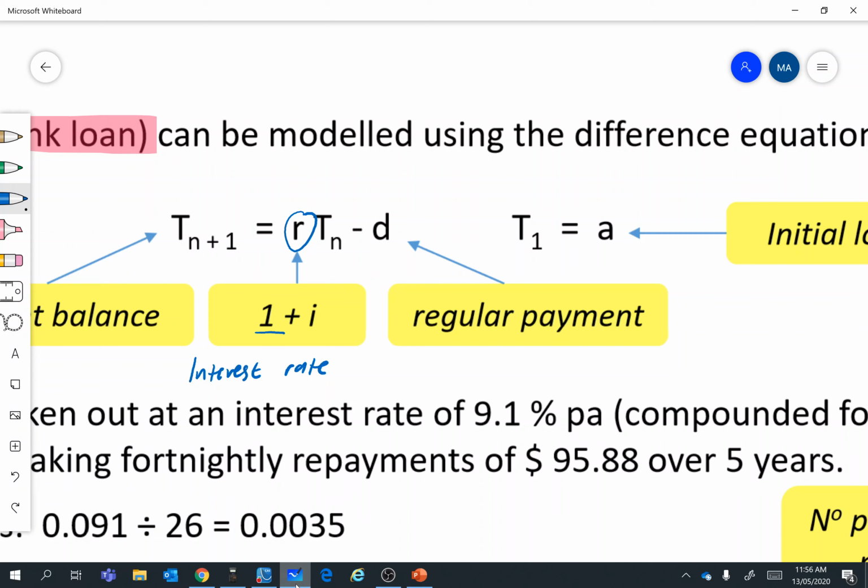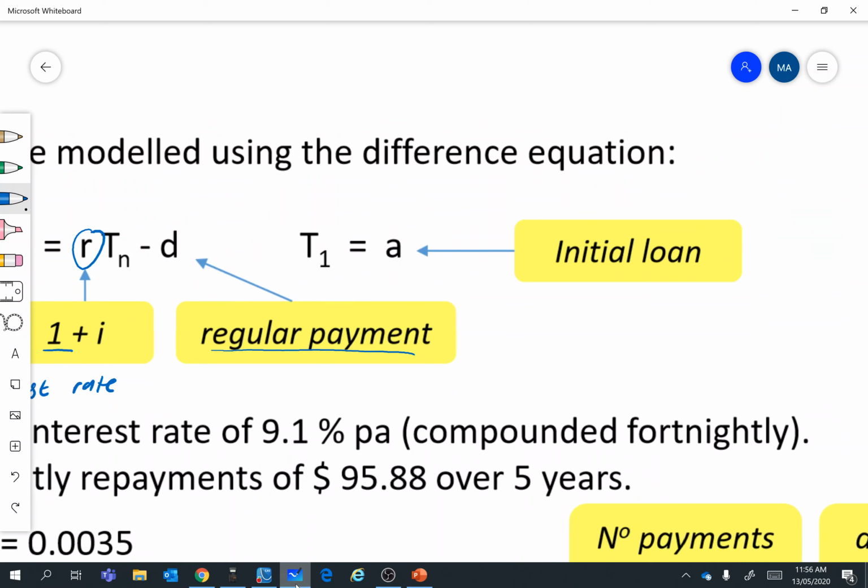That's because it's an interest, a percentage increase. So we're adding the percentage rate to 100%, which is equivalent to 1 as a decimal. The common difference is always subtracted. The common difference is the regular payment, whatever is being paid off each period. It's always subtracted because that's coming off the loan.